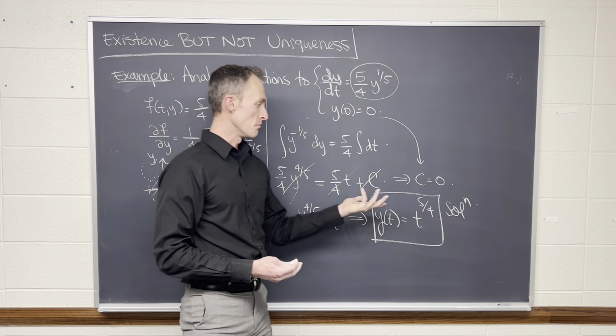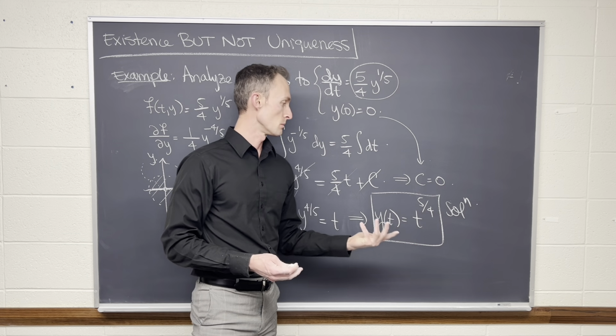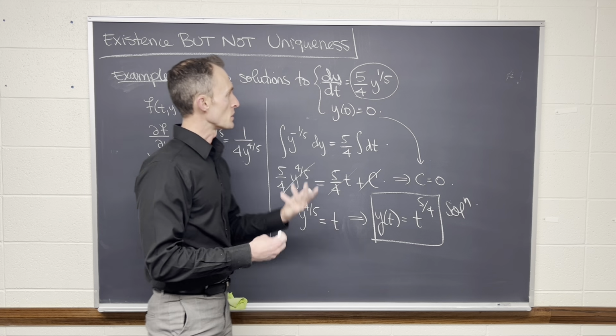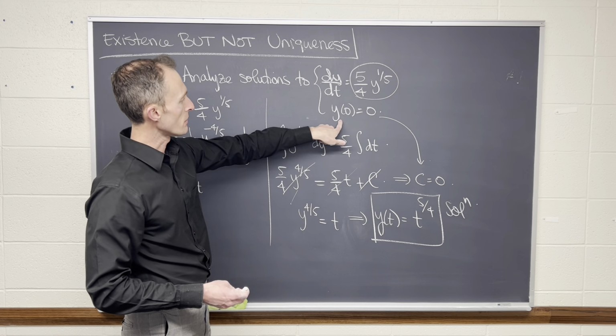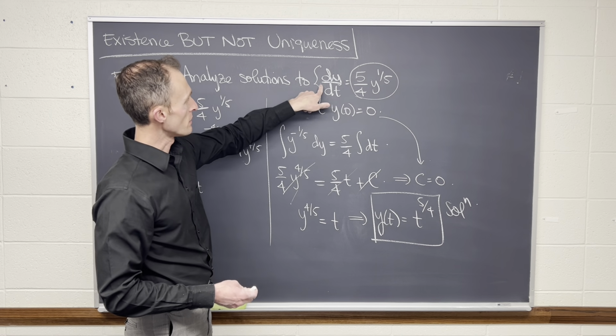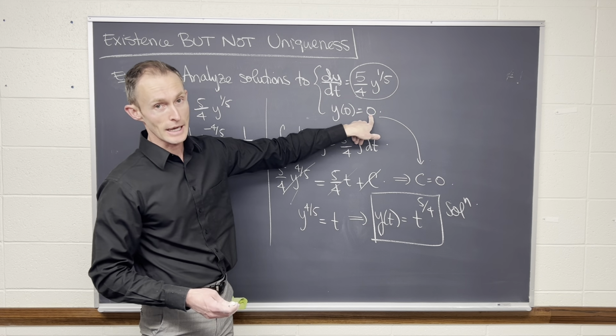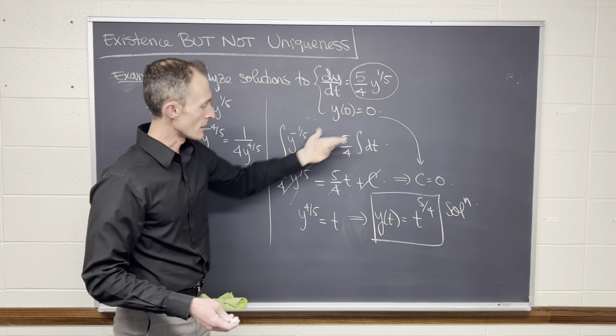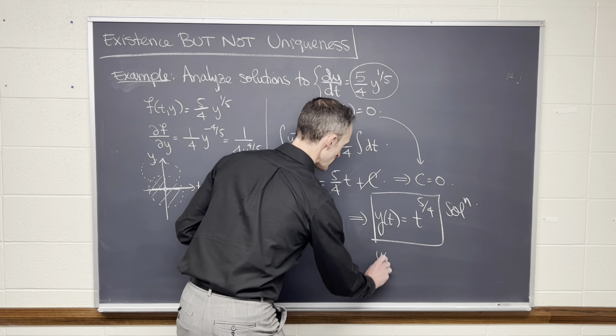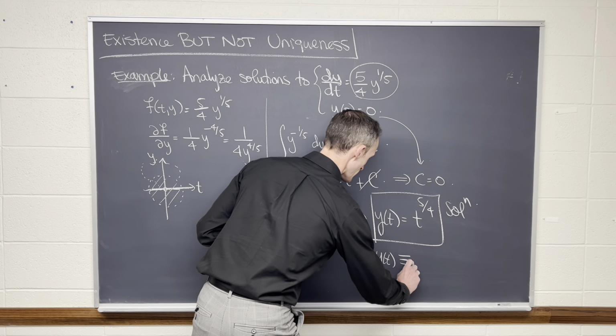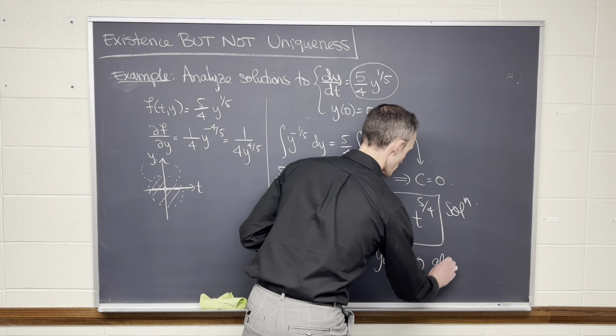So this may or may not be the only solution, probably not. And if you stare at it for a second, can you think of a function y whose derivative is equal to 5/4 times the fifth root of itself, and it evaluates at 0 to be equal to 0? And the answer is, well, y of t identically equal to 0 also works.